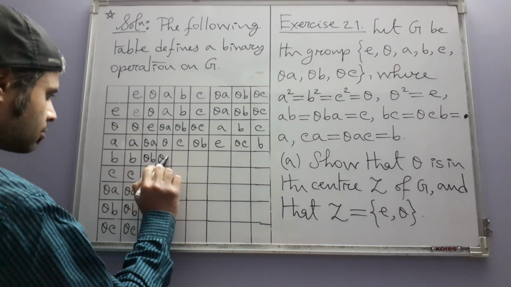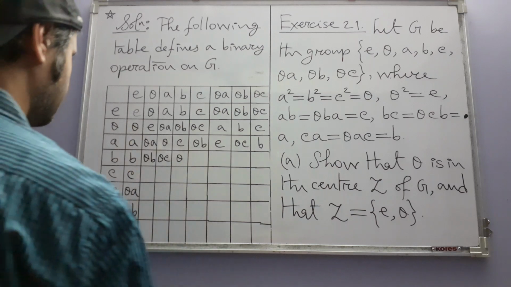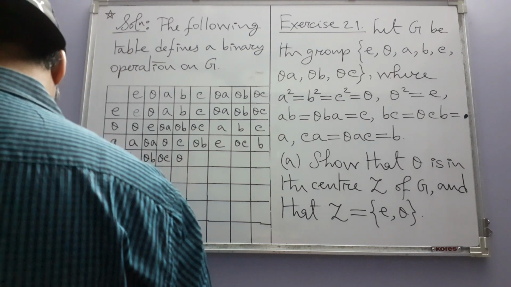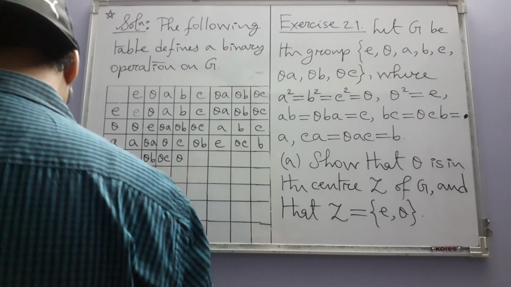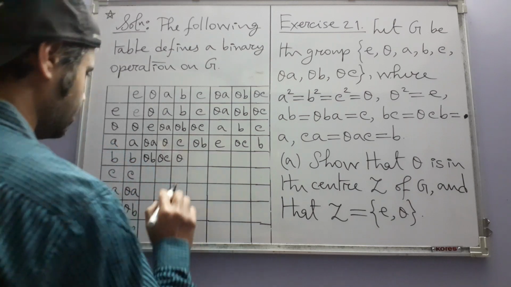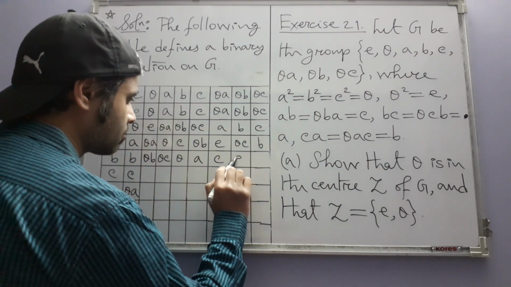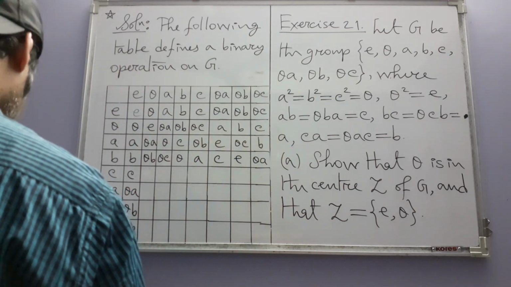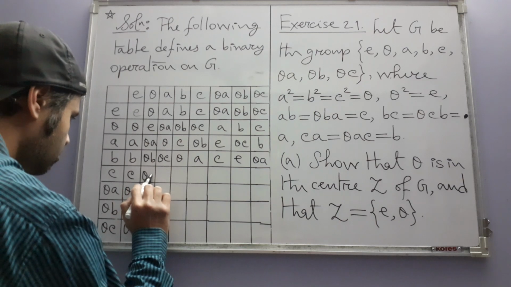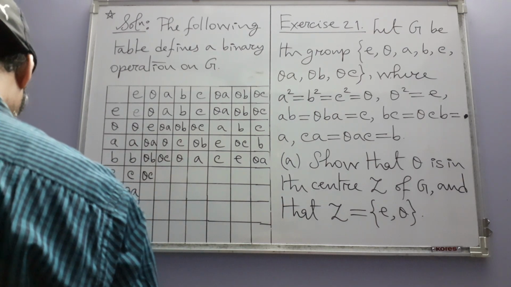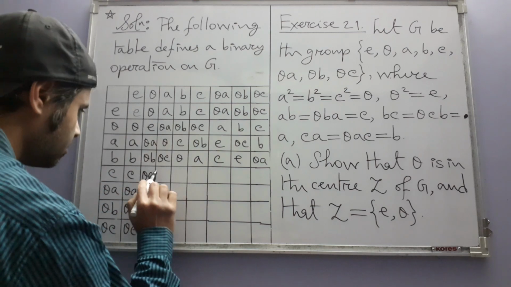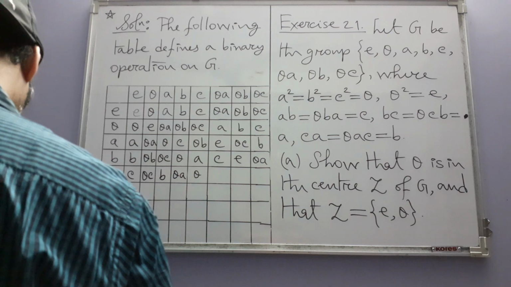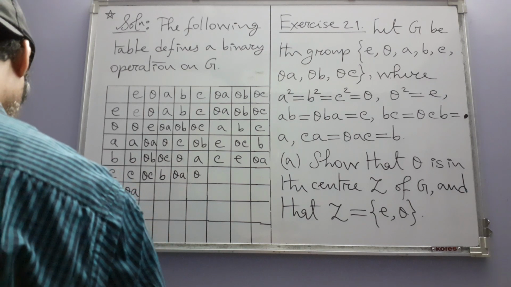Then A, C, E, theta A. Okay. Then the row of C. C, theta C, B, theta A, theta, theta B, A, E.